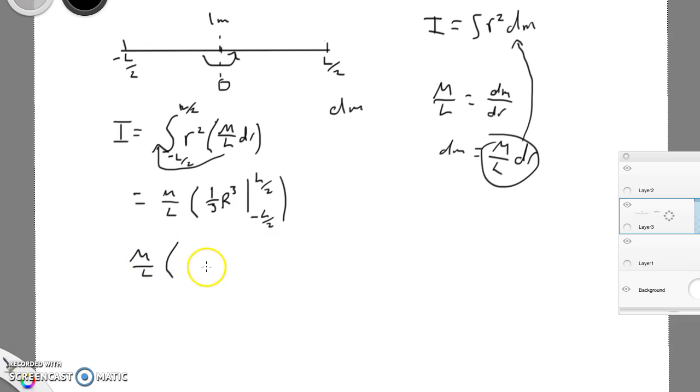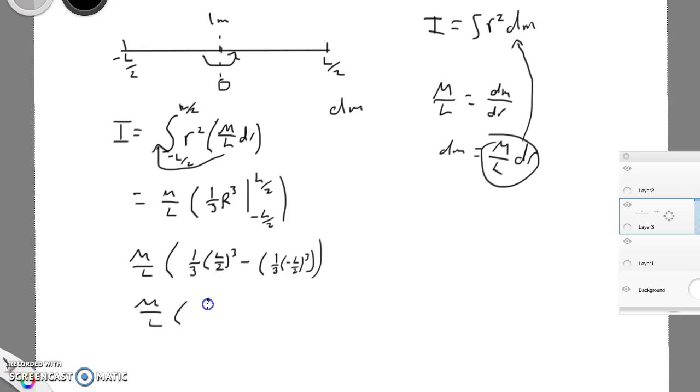When we plug those in, we get 1/3 L over 2 cubed minus 1/3 times negative L over 2 cubed. Okay? And so when we simplify, L over 2 cubed is going to be L cubed over, I believe, 8.